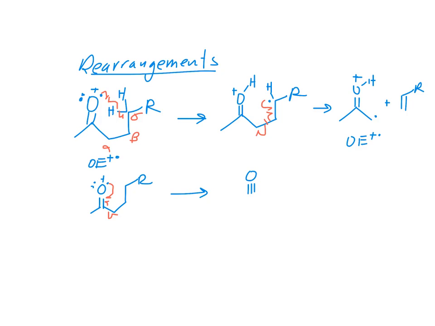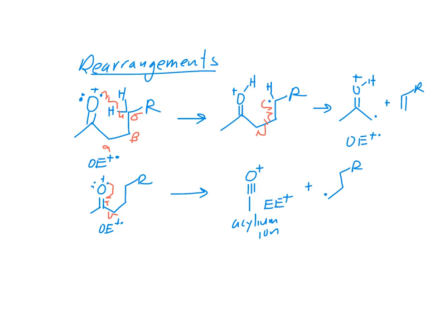This would give this plus and the radical. This is called the acylium ion. And notice in this case we're going from an odd electron ion. What about that acylium ion? Is it odd or even? Even, right? So it's an even electron ion.